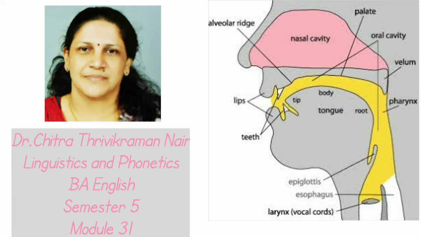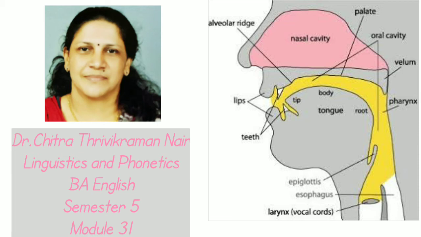And next, you have the hard palate. It is the smooth, curved surface, that part of the roof of the mouth in front of the soft palate. First you have the alveolar ridge, then you have the hard palate.